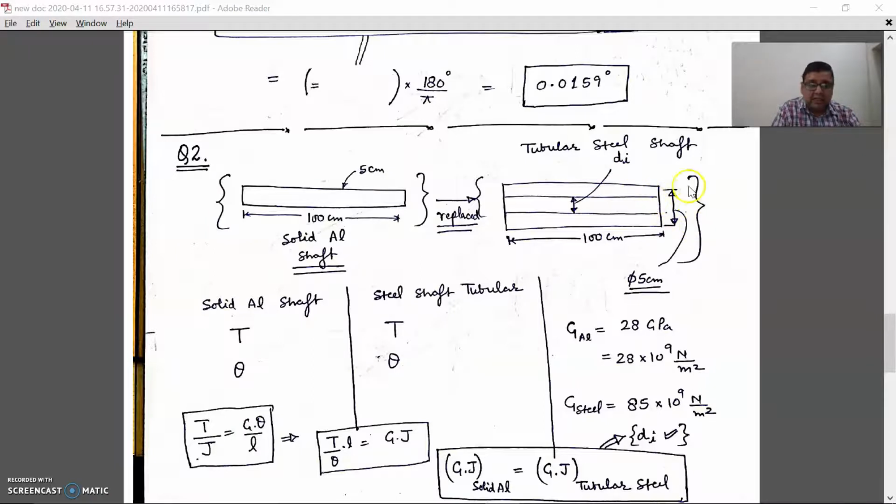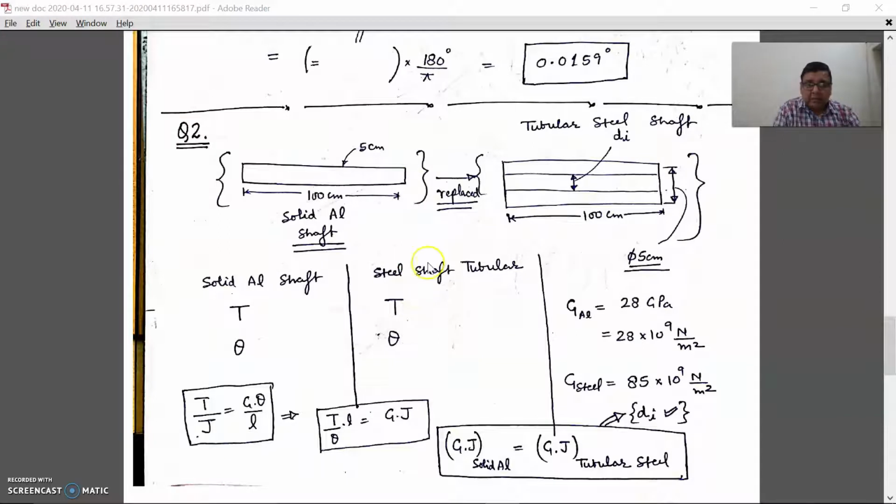Please pardon me in this, because I had written this diameter as 5 centimeter, and on the opposite side I had mistakenly drawn this shape as 5 centimeter, right? So please take care of this, that it should be something like this only, because these two diameters are same, right? Okay, then you have to find out the internal diameter of the steel shaft.